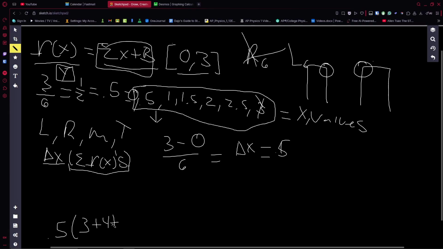And then we're going to continue. 0.5 is plus 4. 1 is 5. 1.5 is 6. 2 is 7. 2.5 is 8. Now this equals, sorry, this is supposed to be a plus. This will equal, well, this is 10. This is 10. So we have 20, 28, 23.